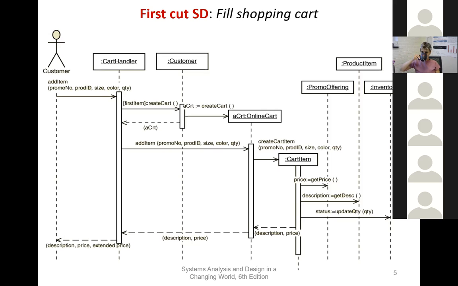Promo offering. C, R, U, or D? Would be R. Exactly. Josh, give me another one. Inventory item. C, R, U, or D? R. R. Anything else comes to mind?